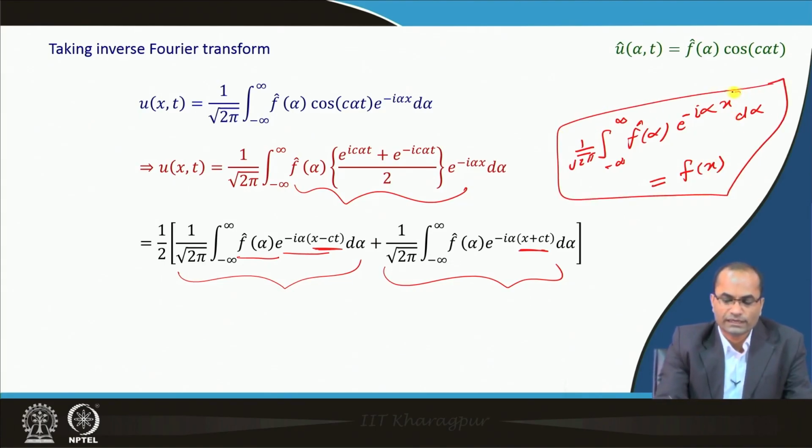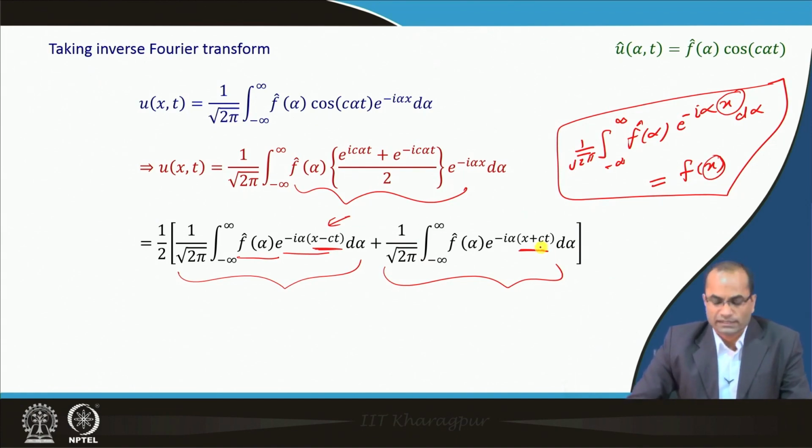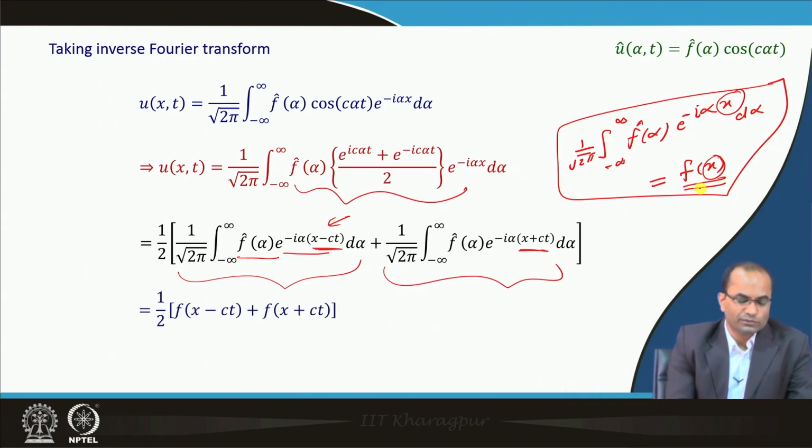So, now the only change is that this x at both the places is replaced in the first term by x minus c t, whereas in the second term it is x plus c t. So, we can now simplify these two. The first term is simply f of x minus c t, and in the second case it is x plus c t.